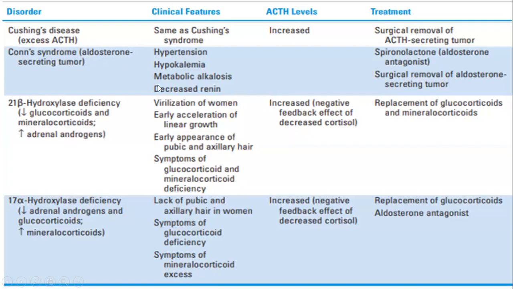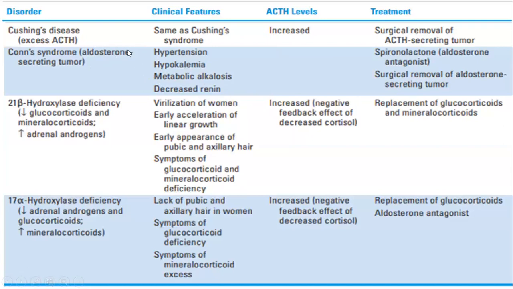Okay? So there is also decreased renin secretion. Remember, one of the factors causing increased renin secretion is decreased arterial volume. But in Conn syndrome, you have increased ECF volume, and in turn increased aldosterone level, no?